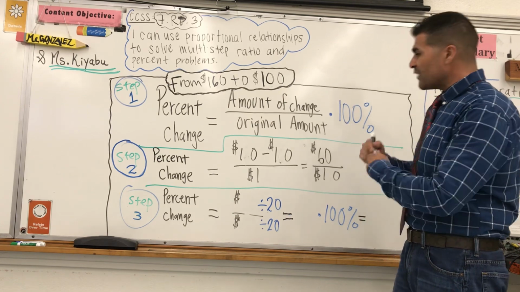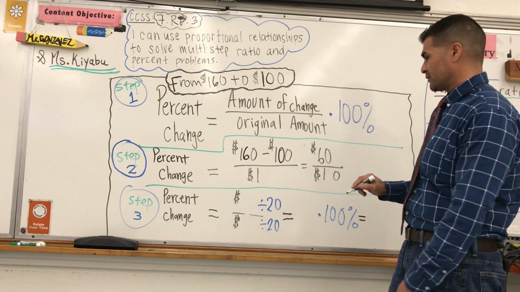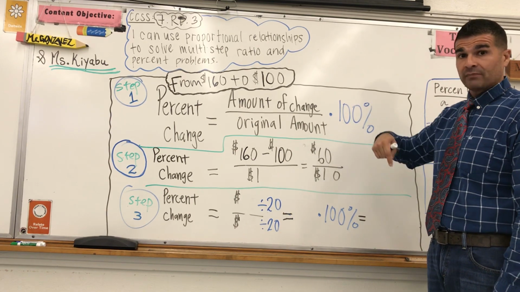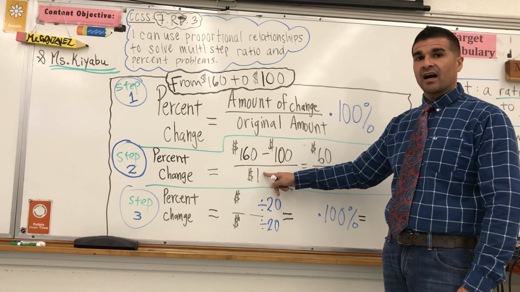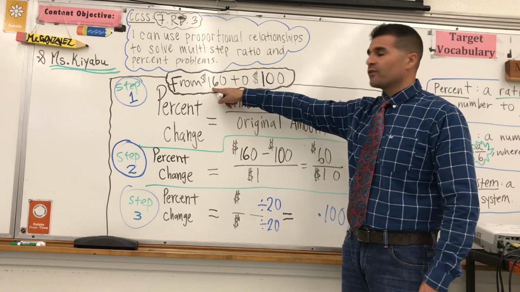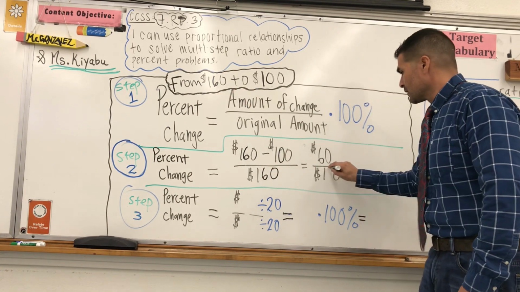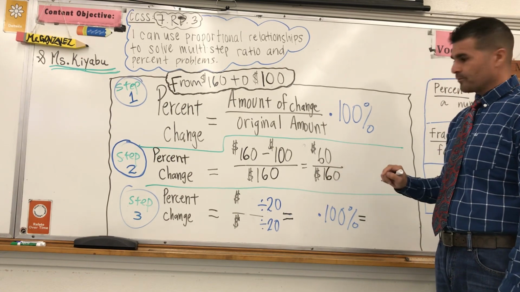You see, even though we still want to take $160 and subtract $100, this is an amount change of $60 going down. It's decreasing. The original amount doesn't stay $100. Now you started from $160. So this is going to change your fraction.